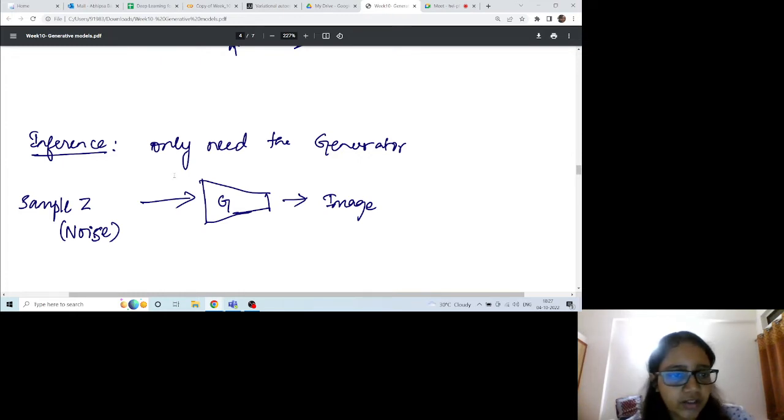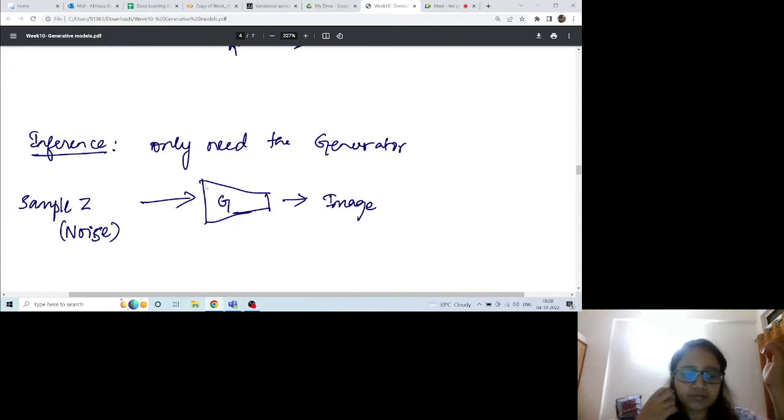At that point your training stops, and now you have a good enough generator which generates such realistic images that the discriminator cannot distinguish them from the real ones. When you do inference, you only need the generator.